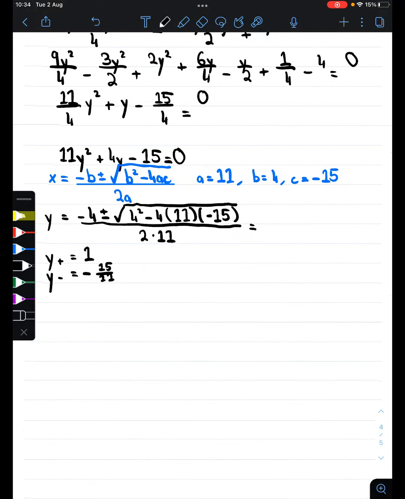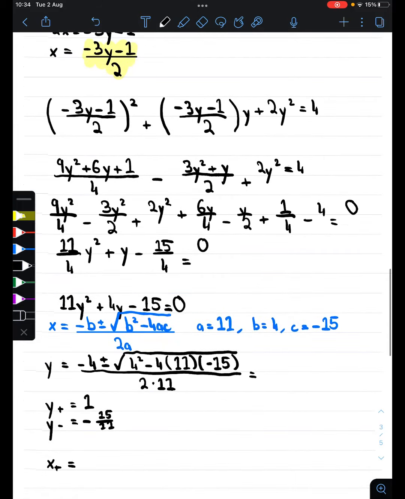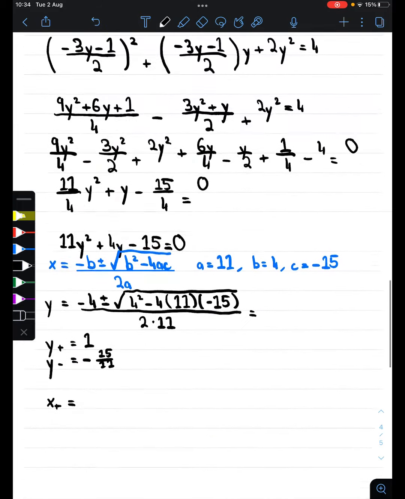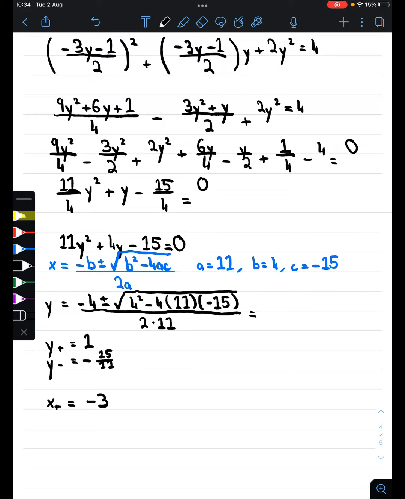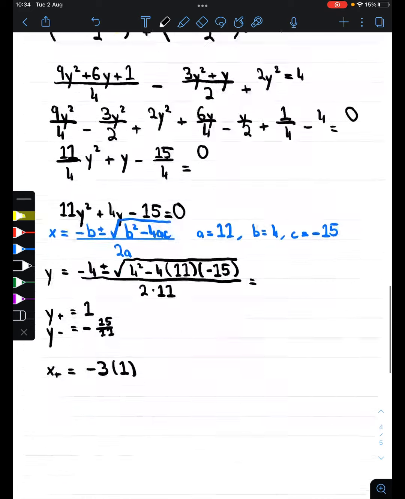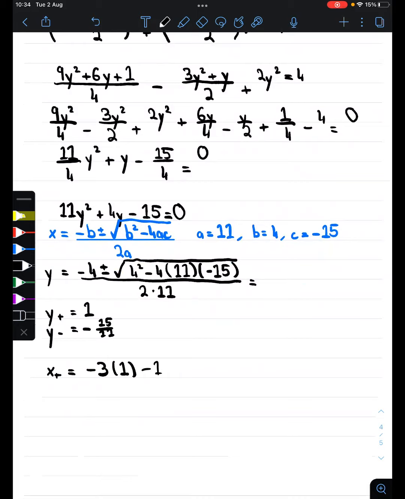So for y plus, x plus equals, and then we just plug in 1 into our formula for x, minus 3 by 1 minus 1 over 2. And this is just minus 2.